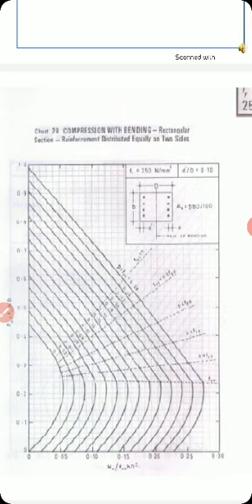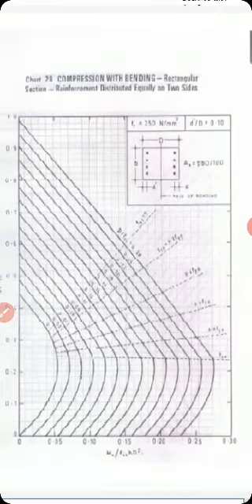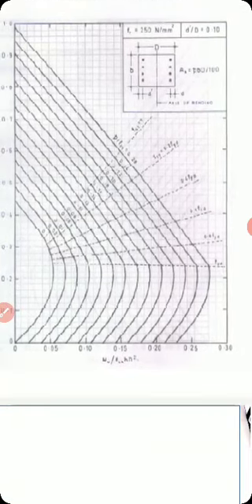So we select chart 28, compression with bending, rectangular section, reinforcement distributed equally on two sides. Going through SP16, we can see the same chart with reinforcement distributed equally on two sides and equally distributed on four sides.